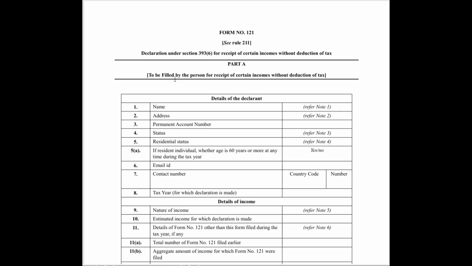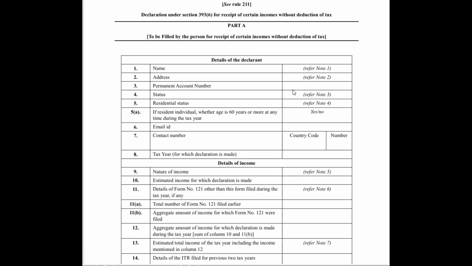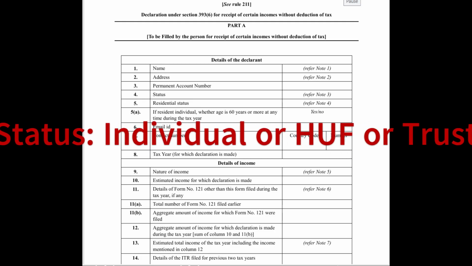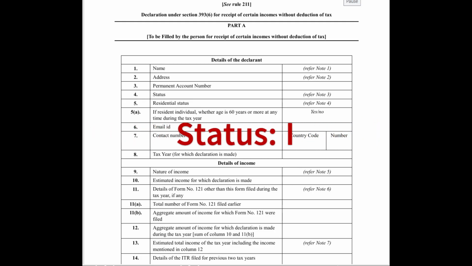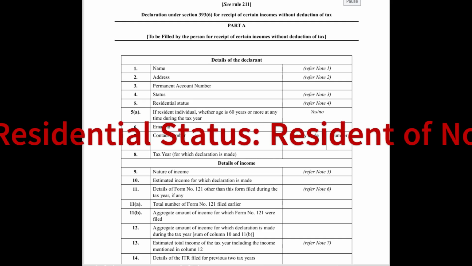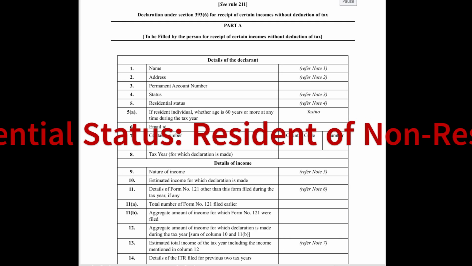Part A needs to be filled by the person for receipt of certain incomes without deduction of tax. Details of the declarant: name, address, permanent account number (PAN), status, and residential status. Status is whether you are an individual or HUF. Residential status is whether you are resident or non-resident.